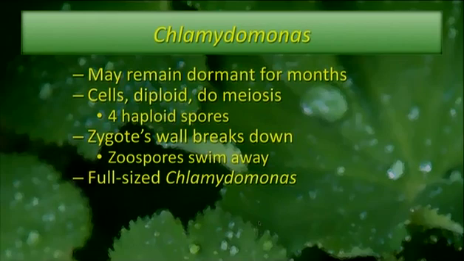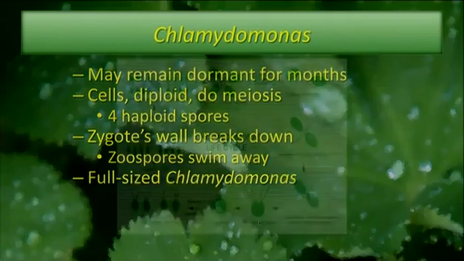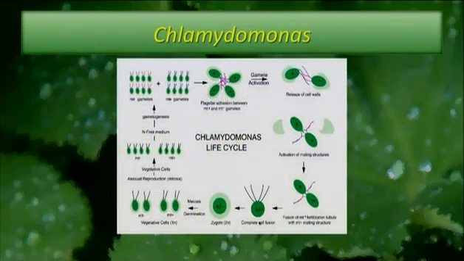So that's one kind of green alga, this unicellular Chlamydomonas. Here's another life cycle of Chlamydomonas. You have the vegetative cells producing the plus strains and the minus strains, and they function as gametes.